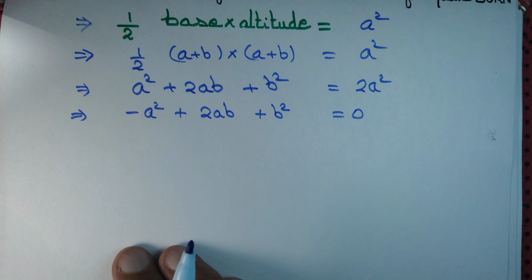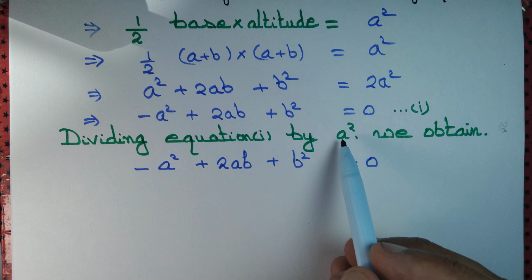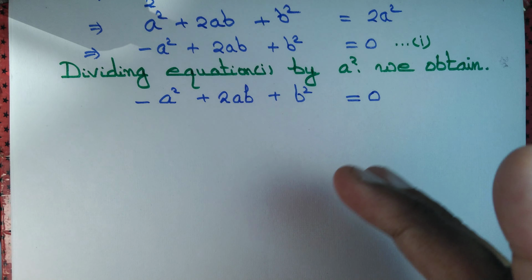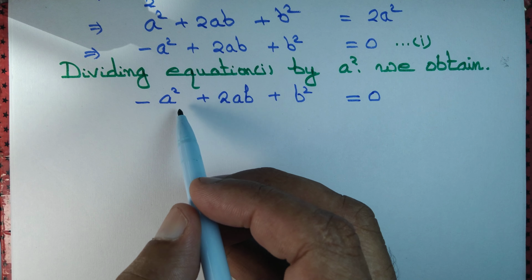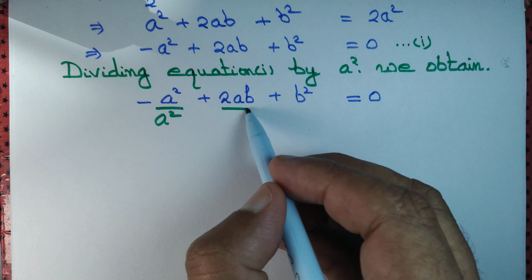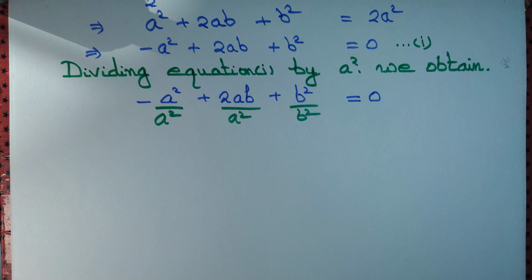So if we can determine b by a, then we are done. So let us divide equation 1 by a square. So dividing equation 1 by a square, we obtain minus a square by a square, 2ab by a square plus b square by a square.